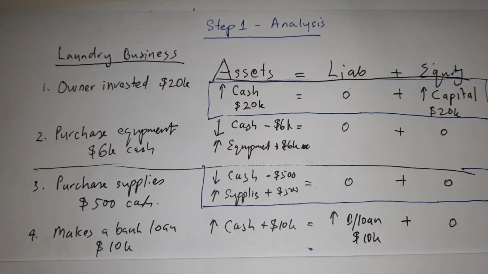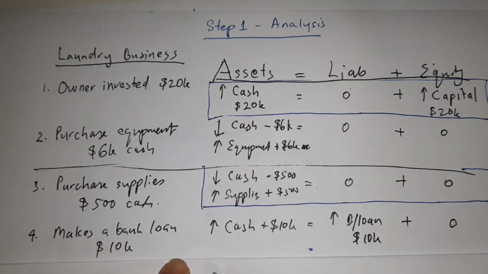You will know that the effect is like this. Okay, the date is 4. If the date is 4th of January, you have to write 4th of January or 4th of February or any date, but here we have number, so we use number. So the date is like this, and then asset increases, so you know you have to debit the account cash. The amount is $10,000.